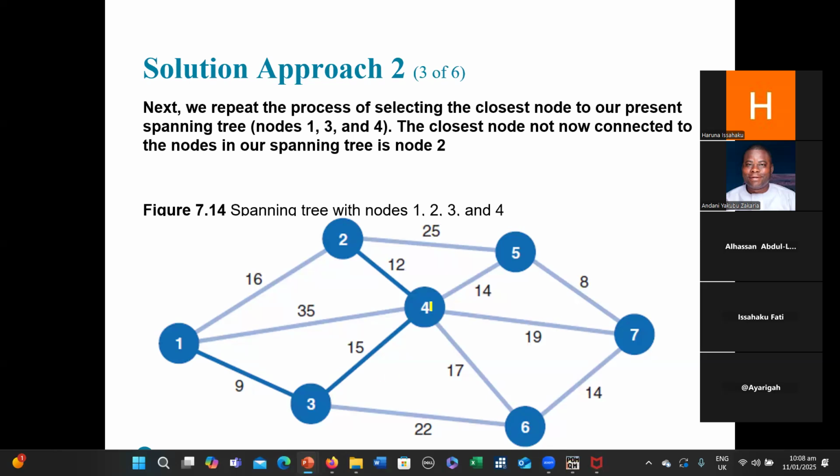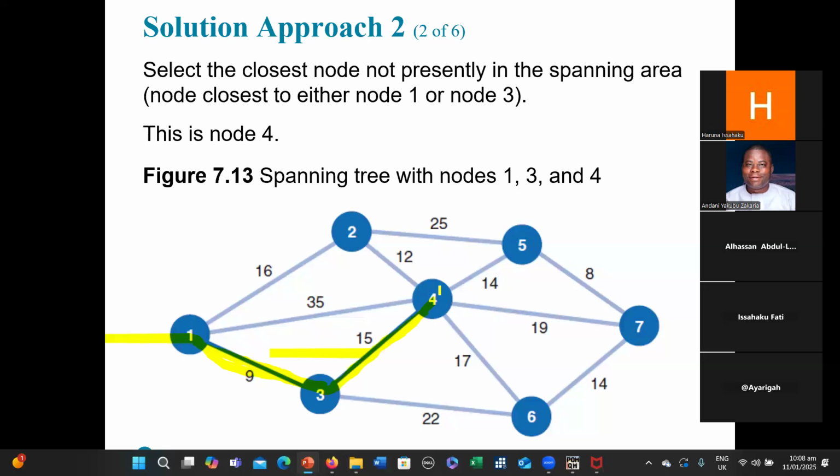You see that among them, the closest is what? 4 to 2 with 12. The rest are bigger.